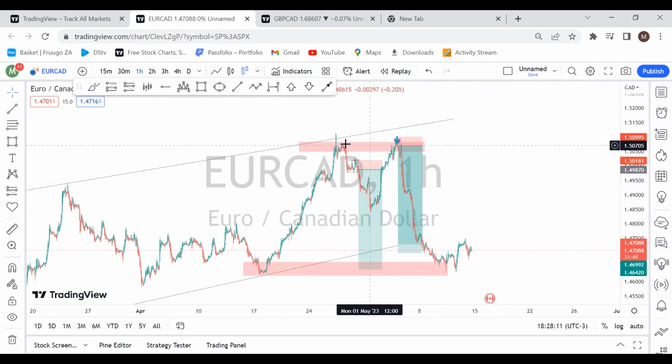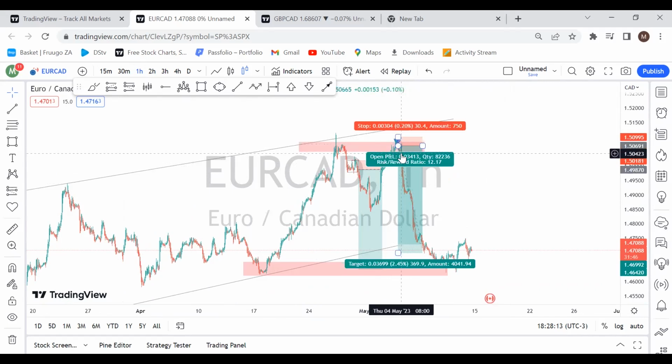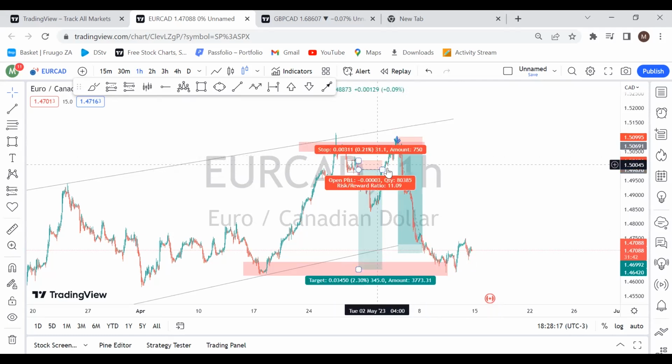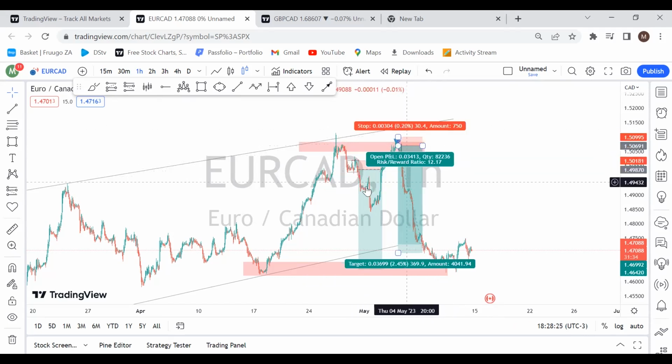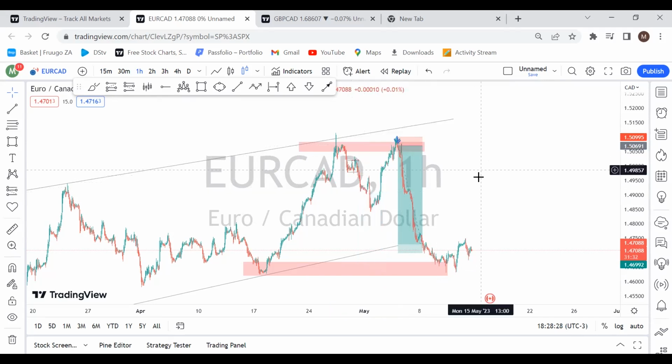So the double top was you could have entered again right there after the price took you out. So that was basically the first entry that I would normally take.